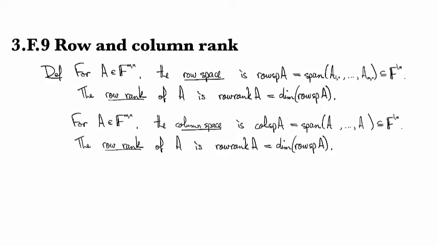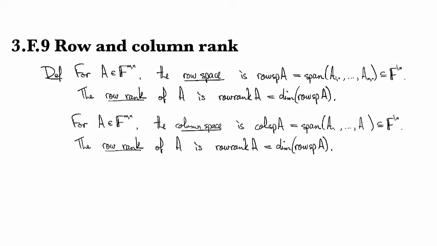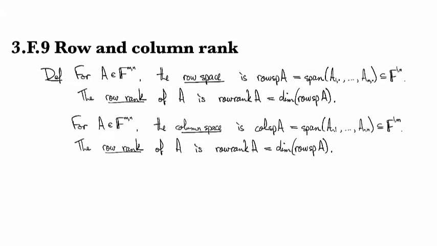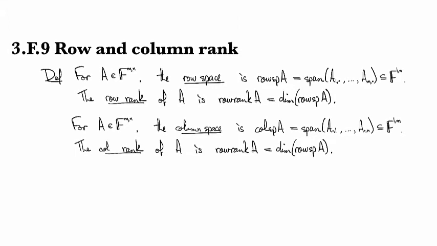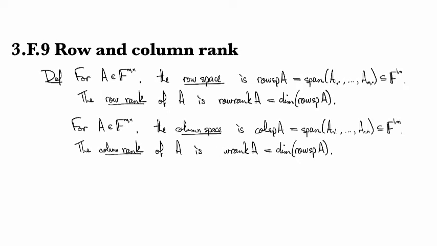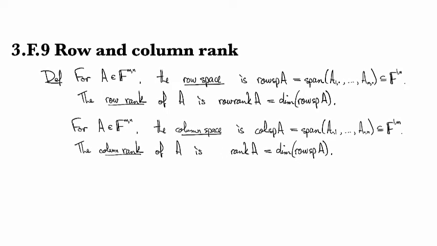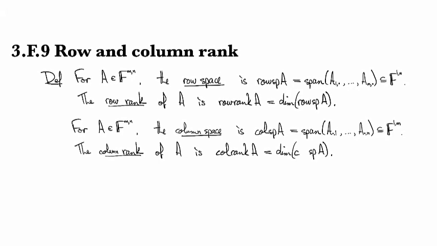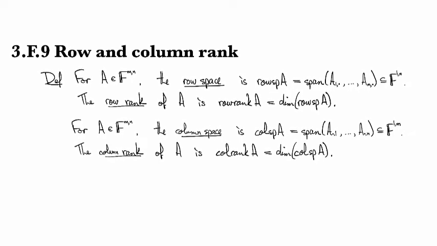So now these are going to be the ones where the first argument can be in any row, and there are, how many columns? There are n of them, and they all live in F^m. And then the column rank of A is going to be the dimension of the column span.